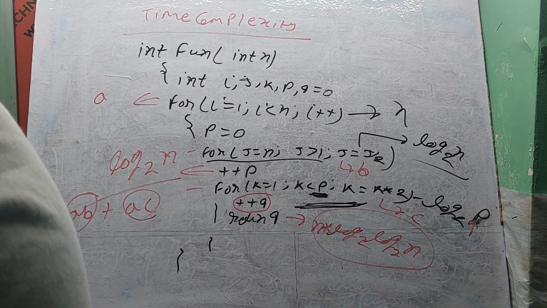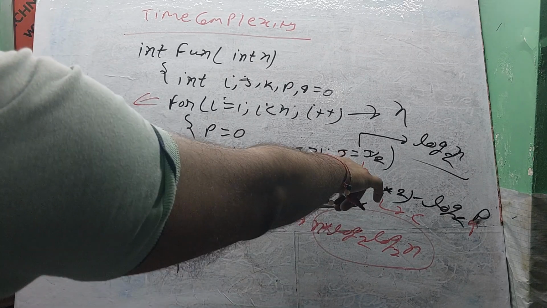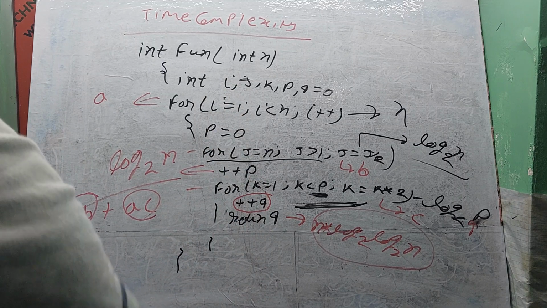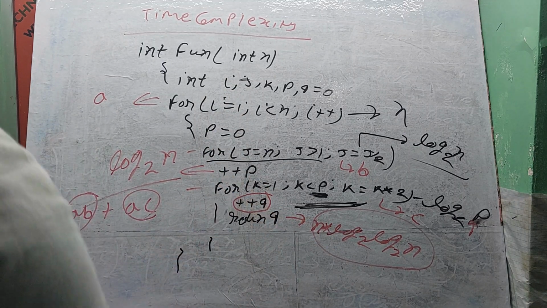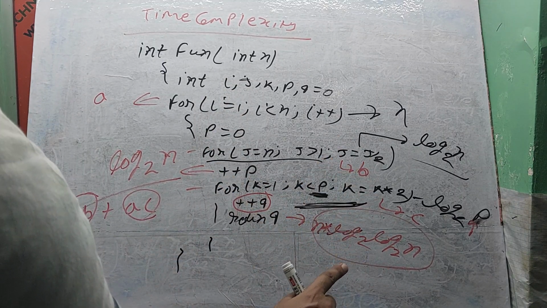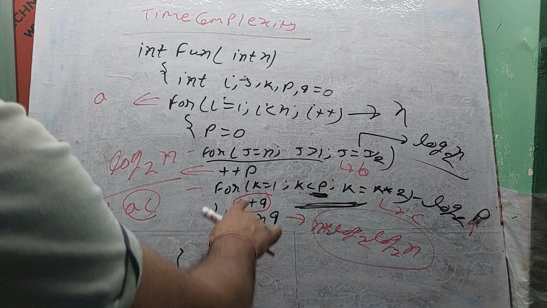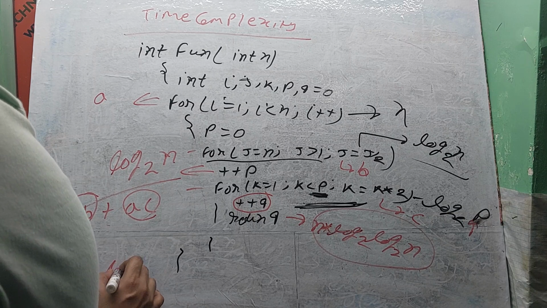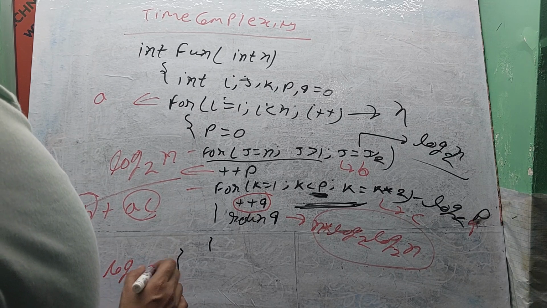Okay, now see, this for loop is executed for n time, and this for loop is executed for log n time. Then overall it will be n log n time.